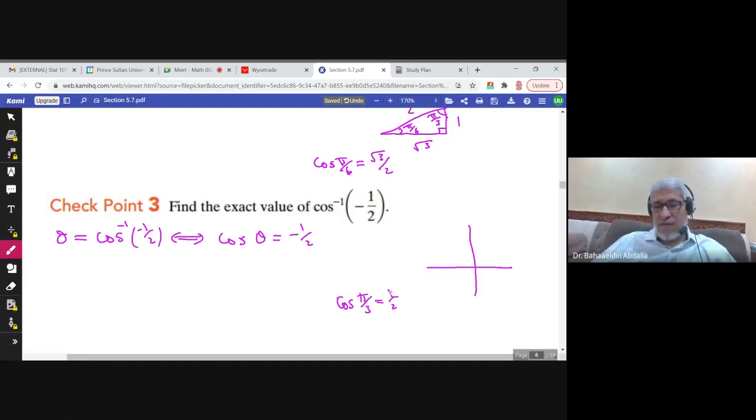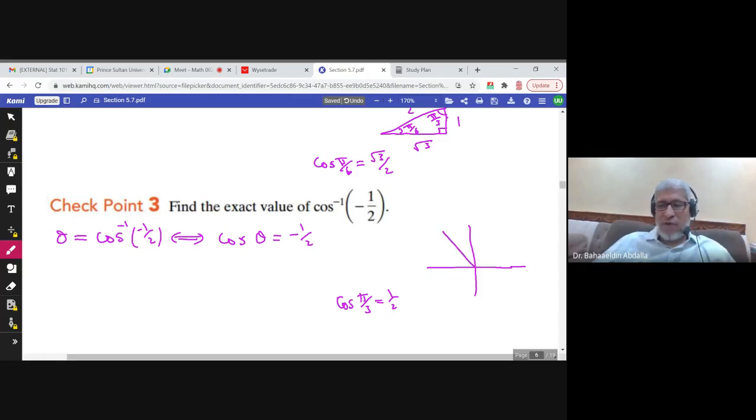It is not half. If you remember when we studied reference angles, we said that there are 4 angles with cosine positive or negative half. All of these 4 angles have reference angle pi over 3.